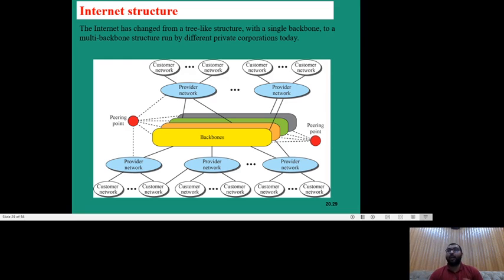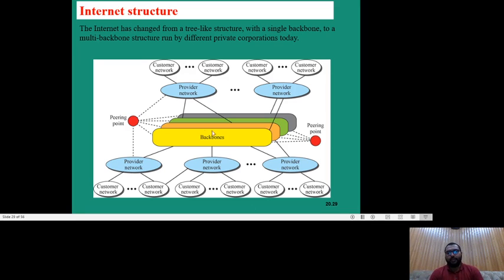There is competition among different private organizations. They have their own backbone structure, so we will have more than one backbone structure. In fact, we will have multiple backbone structures, which will provide connection between different network providers, and at the same time between different customer networks.